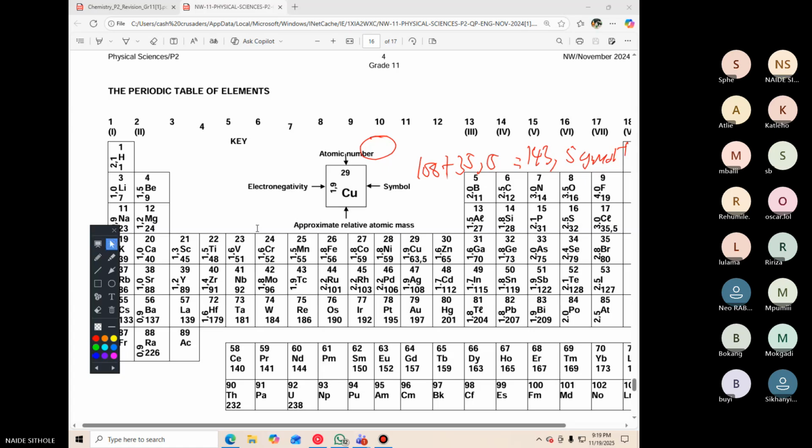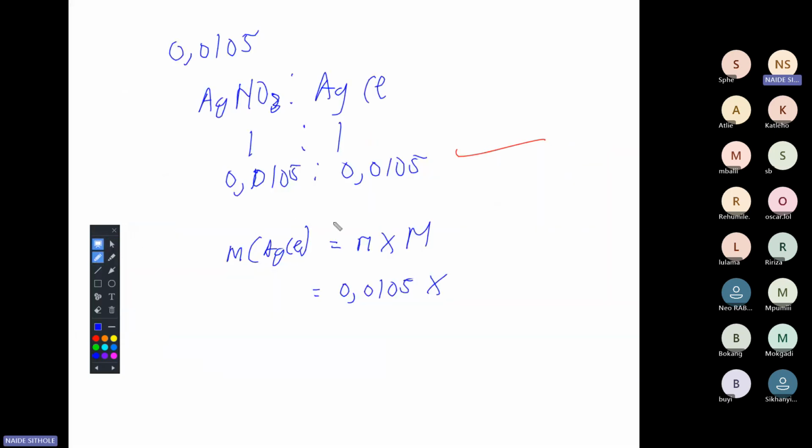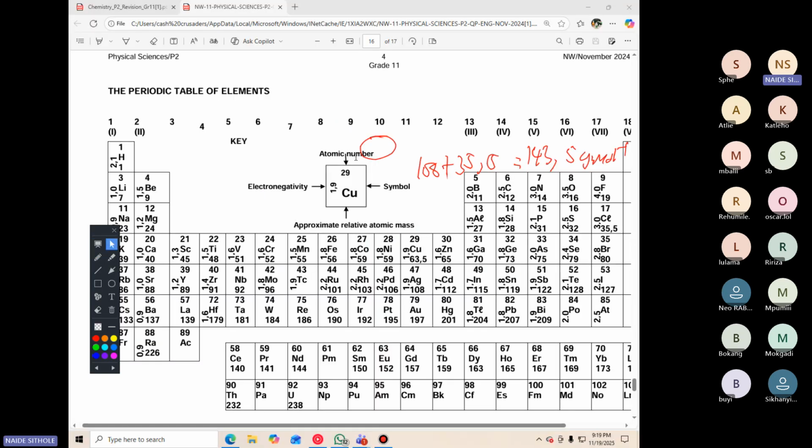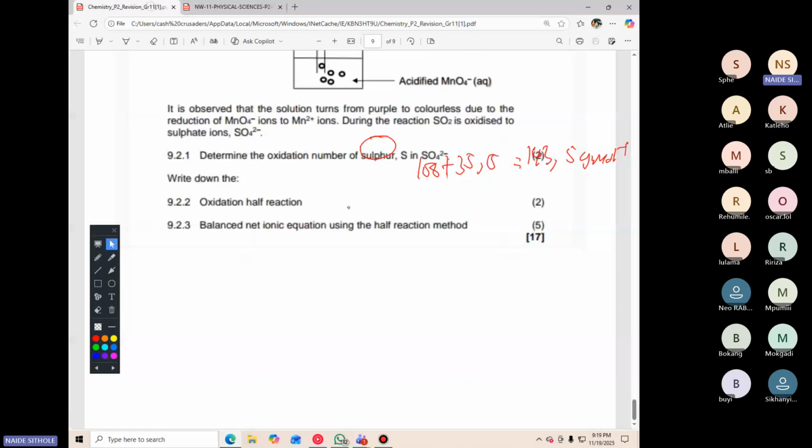Then 143.5 times 0.0105 gives us 1.51 grams. That's the mass that precipitated.